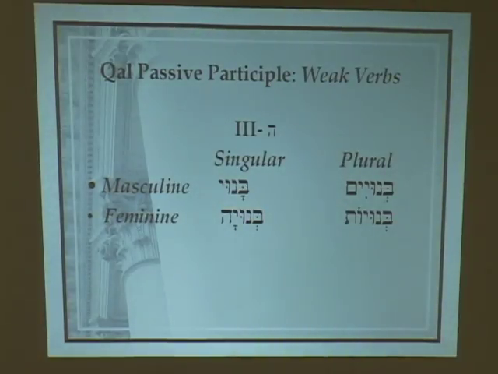Banuyah for feminine, and then banuyot. Very interesting pattern. Shureq, yod, holem, vav. See? And all this with the he being dropped at the end of the lexical form. Okay?